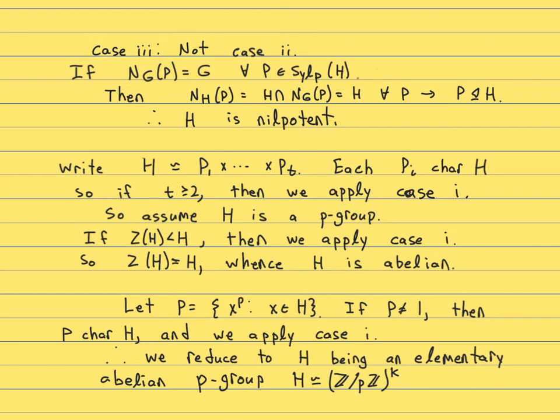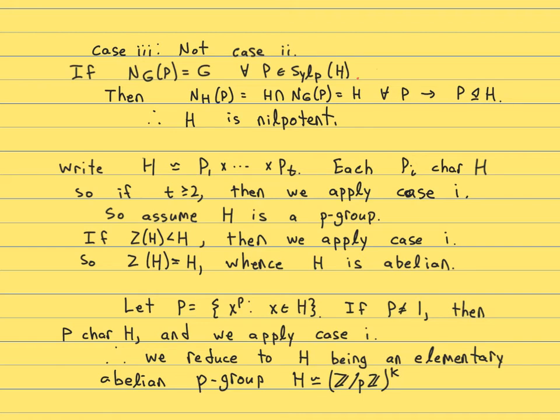Well, remember, if you're nilpotent, you are isomorphic to a direct product of your Sylow subgroups. So let's write H as a direct product of its Sylow subgroups. Remember that, or it's not hard to prove that each Sylow subgroup is actually characteristic in H. In this particular case, because there's a unique Sylow subgroup of each size.